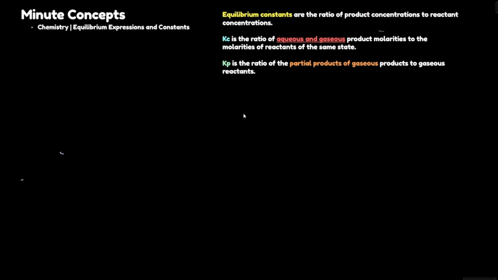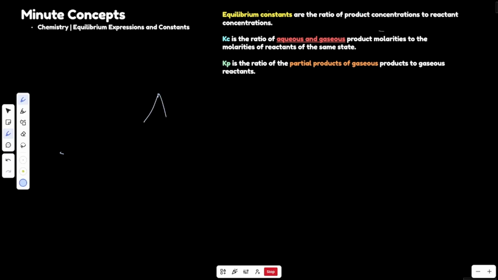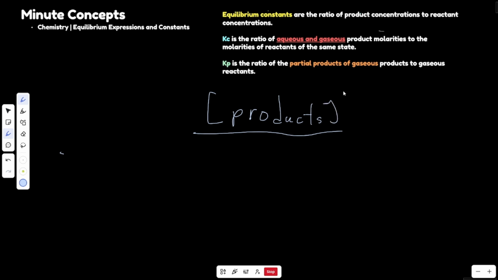Now, how is it written? An equilibrium expression is given by the concentration of products to the coefficient of the products, over the reactants to their coefficients.